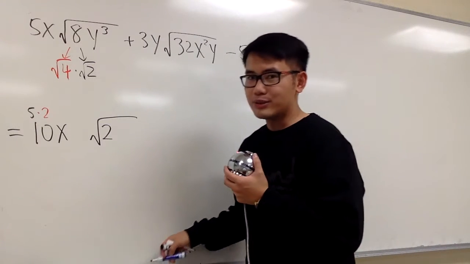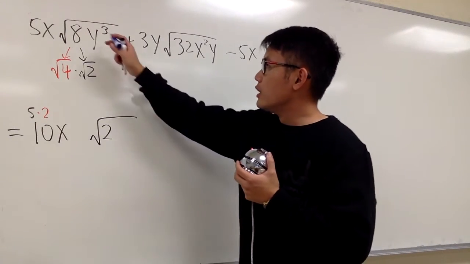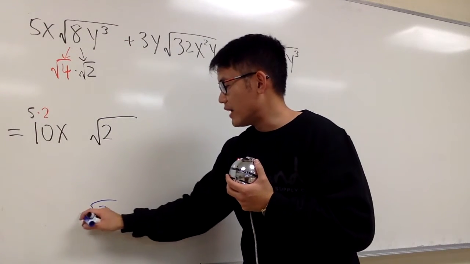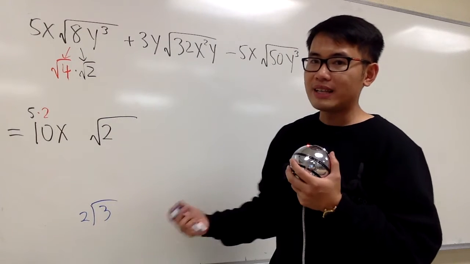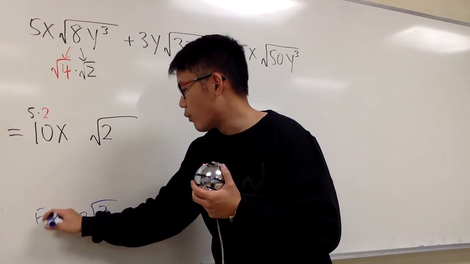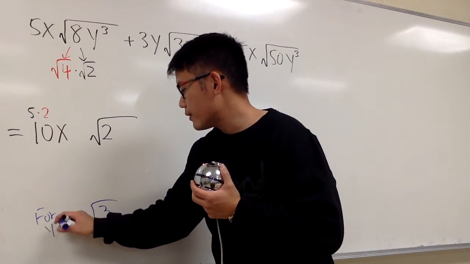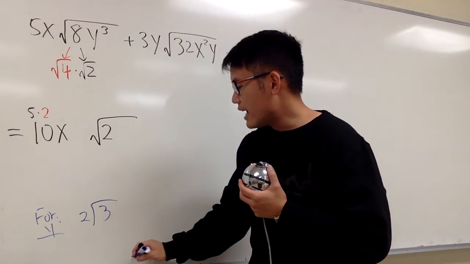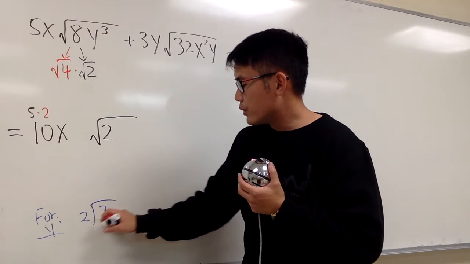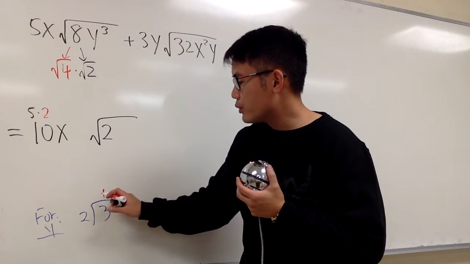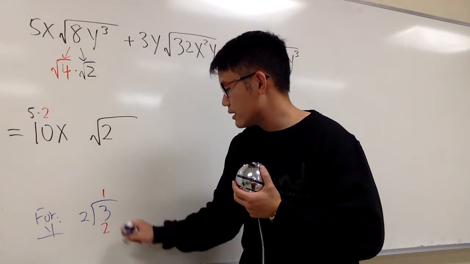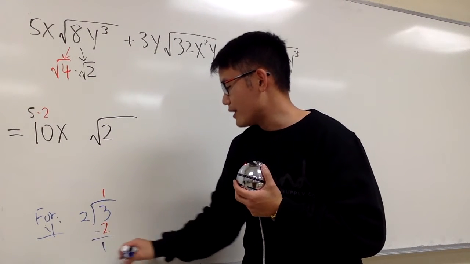And I'll do this for you guys real quick down below here. So for the y right here, I have to work out 3 divided by 2. Remember, you divide the powers, and this right here is for the y, okay, for this part. And I just have to go ahead and divide, and you see that 2 goes into 3 at most one time. 2 times 1 is 2, and then we subtract, and then 3 minus 2 is 1.